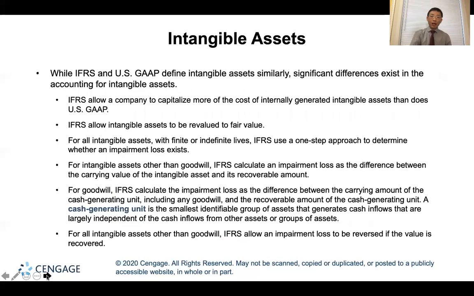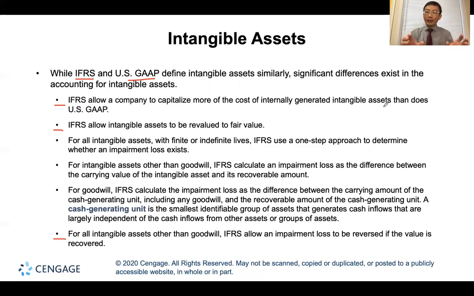And then there are some differences between the International Financial Reporting Standards and US GAAP. The differences include three big points. The first point is IFRS allows companies to capitalize more of the cost of internally generated intangible assets.